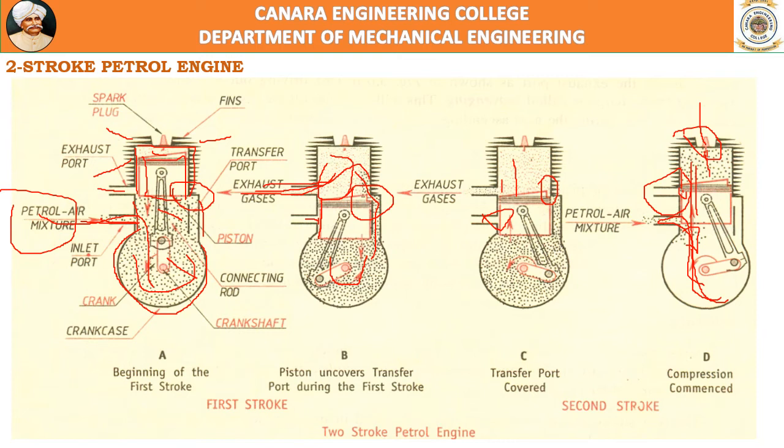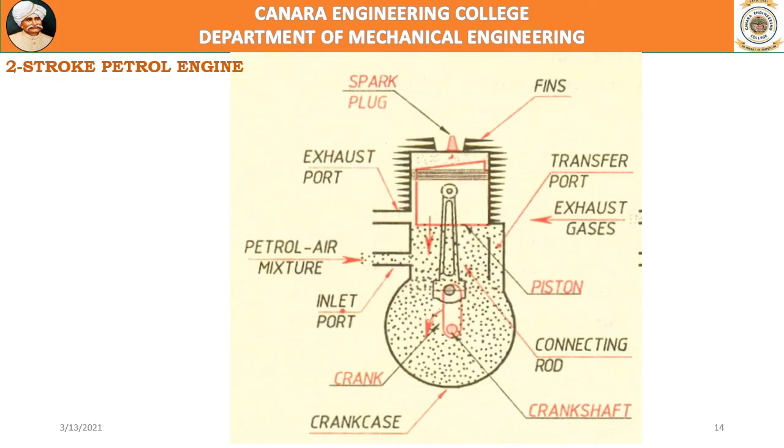This is how a two-stroke engine works. There are two strokes, and one rotation of the crank completes one cycle. Now you observe in this case, as I told you, the inlet port is opened, the crankcase is full of air fuel mixture, the transfer port is closed, and the exhaust port is also closed.